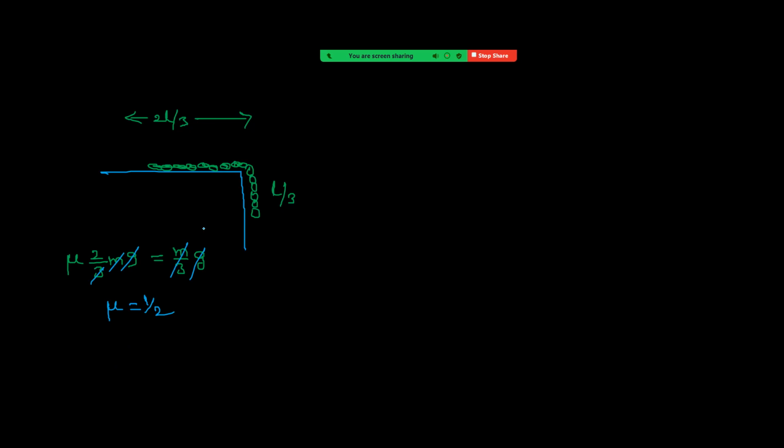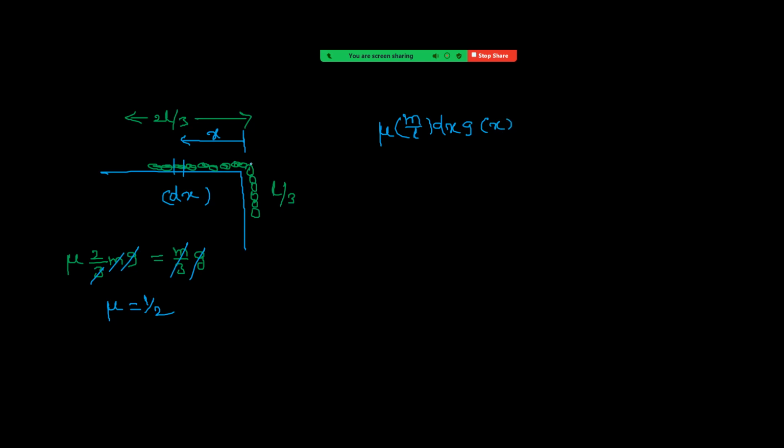Okay. Now the remaining part we have already done in HC Verma. For the part on the table, at a distance x take an element of length dx. Its mass will be m by L into dx. Frictional force is mu into its mass into g.